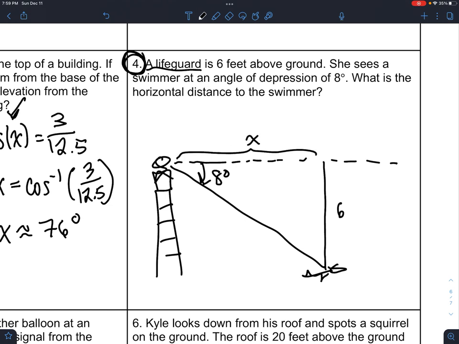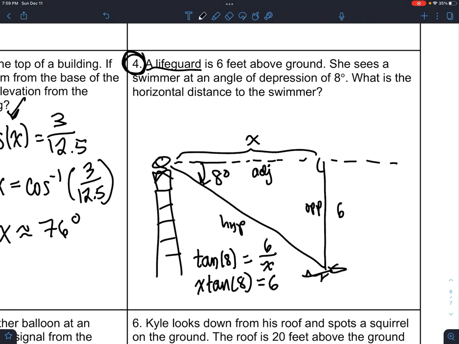We want this distance, so we'll call this x. I see an opposite and an adjacent, so this is begging for us to use tangent. Tangent of 8 degrees is 6 over x. If I multiply both sides by x and then divide both sides by tangent of 8, I get 42.7 feet.